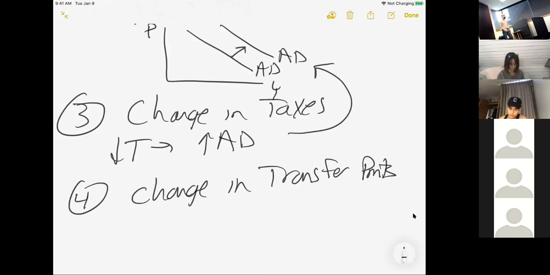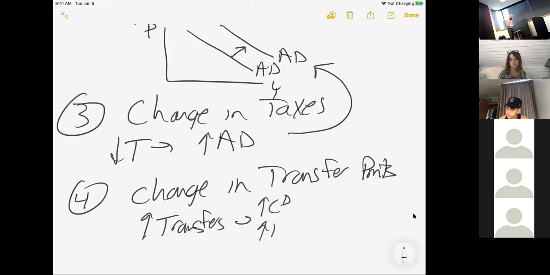Right? What happens if part of the COVID bill is a $1,400 check to families with a kid? What's the idea behind giving this $1,400 check? What are people going to do with that $1,400? Supposedly, spend it, right? They will spend it.